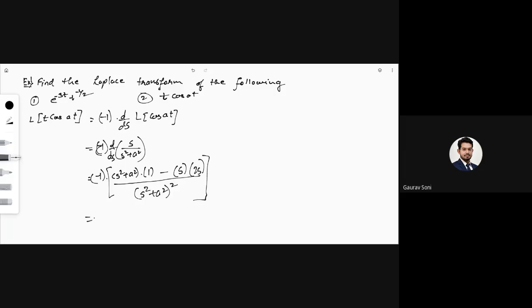So this is equal to s square plus a square minus 2s square, and that will be a square minus s square; with the minus sign it becomes s square minus a square upon s square plus a square whole square. I hope it is clear. Any doubt? Please ask.